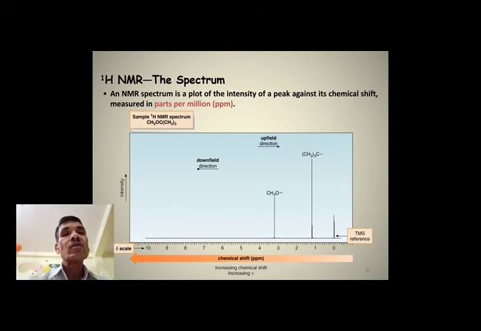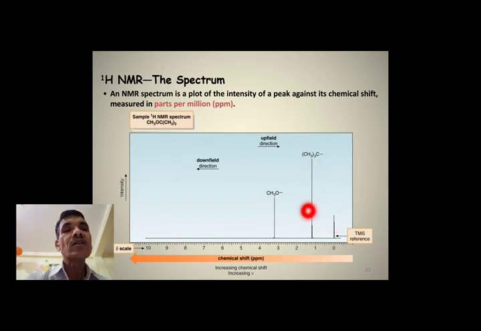Increasing chemical shift values along this delta scale show different peaks depending upon the chemical environment of each type of proton. Here in this spectrum of a ketone, different signals are shown. This is the signal shown by TMS.